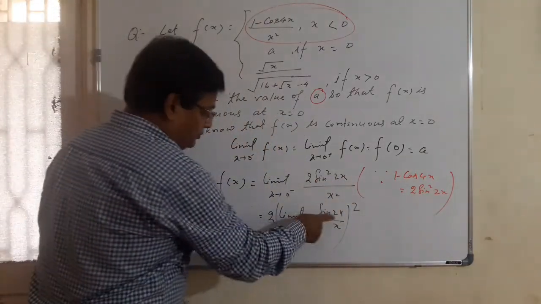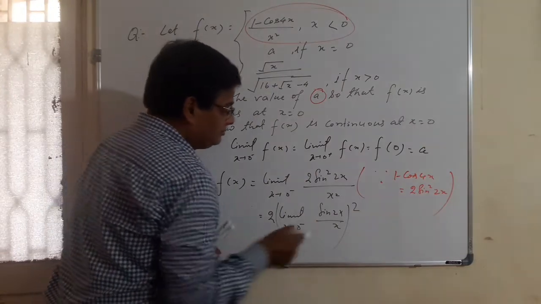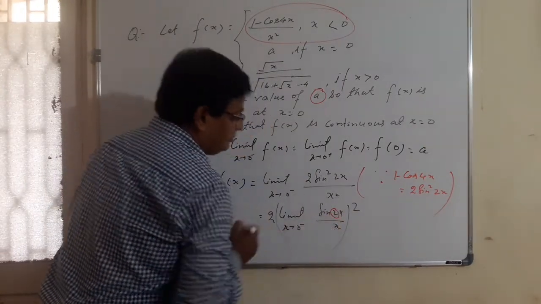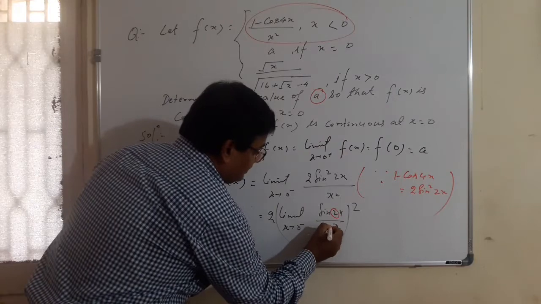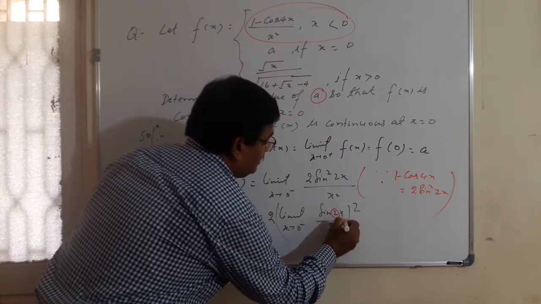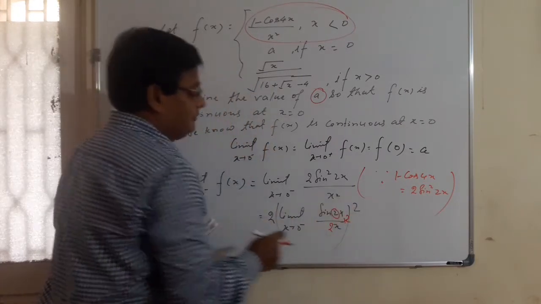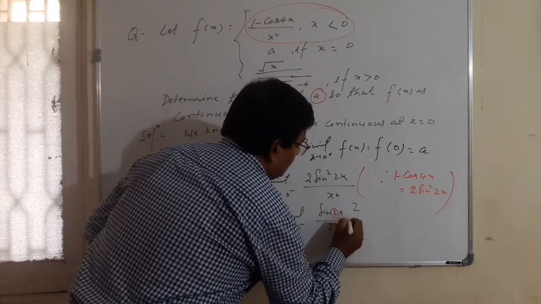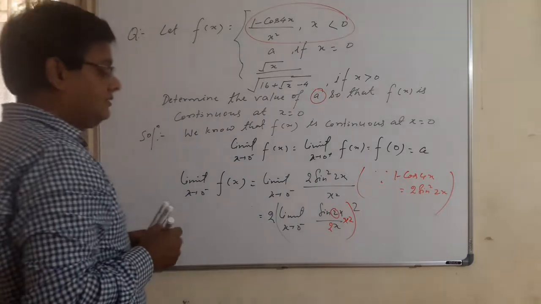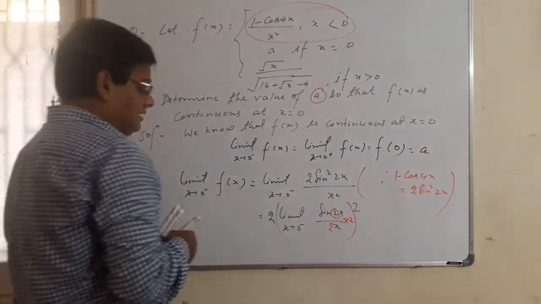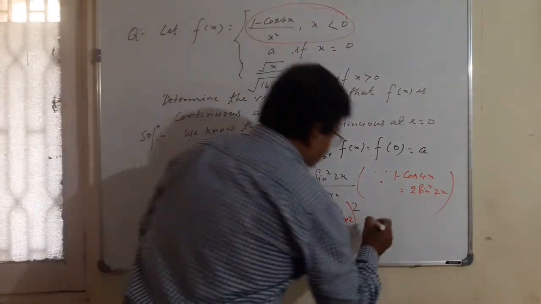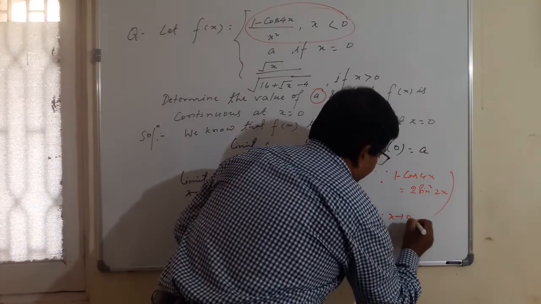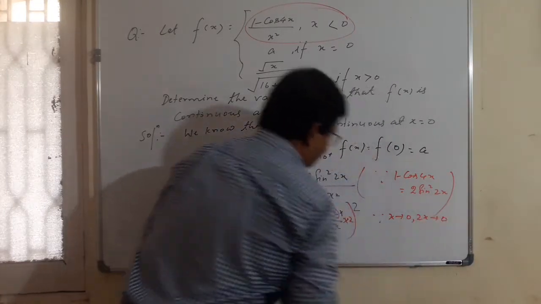Now here it is 2, here it is 2, so we have to make here 2, so we are multiplying here by 2 and here 2, 2 multiplying 2. So now see here, since x tends to 0, 2x also tends to 0.